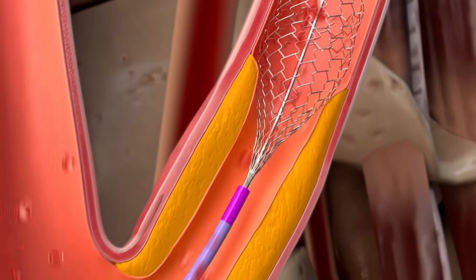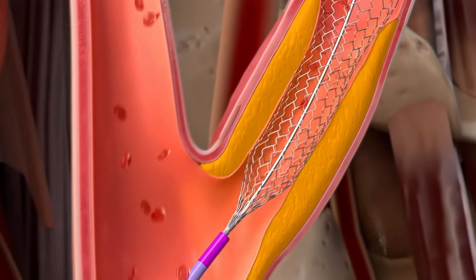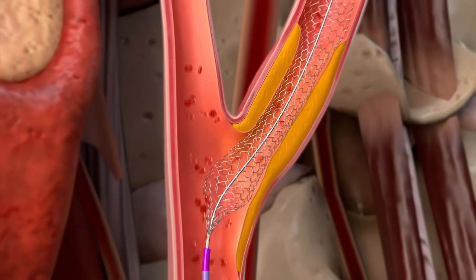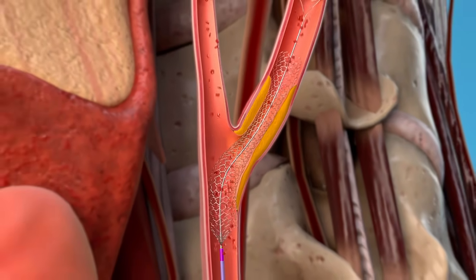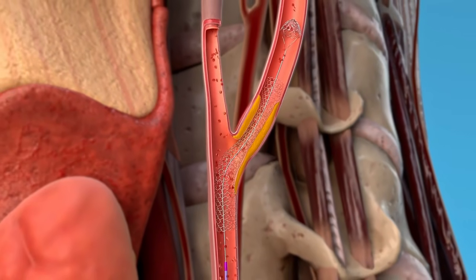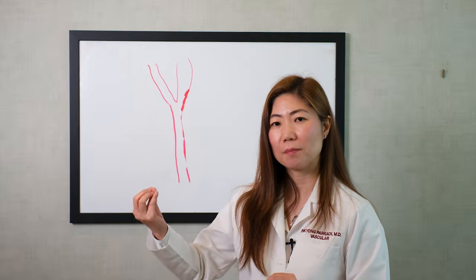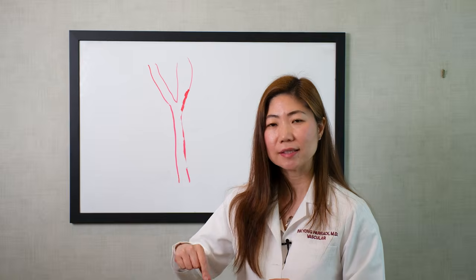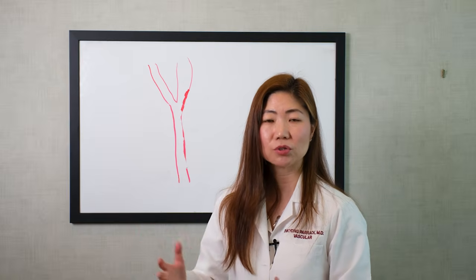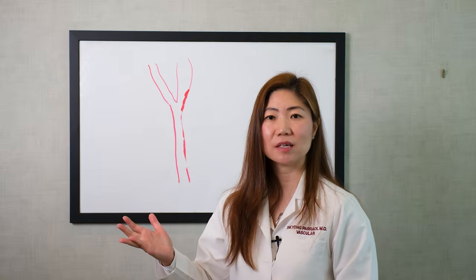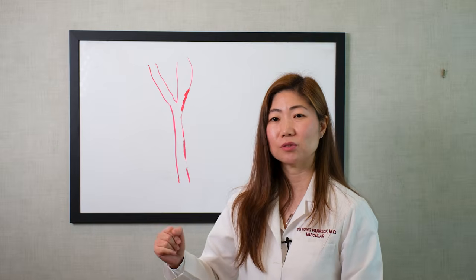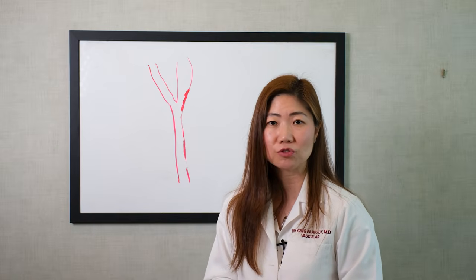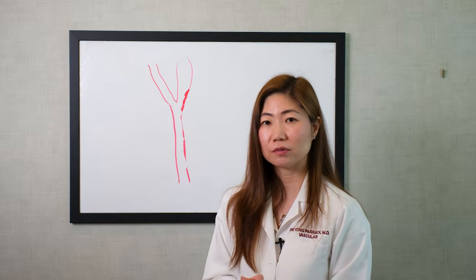Even in expert hands, the process and the mechanism unfortunately lend themselves to a higher risk of stroke, going from 1 to 2% to about 4 to 6% risk of stroke from transfemoral carotid artery stenting.